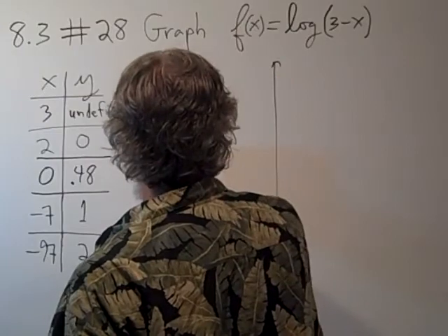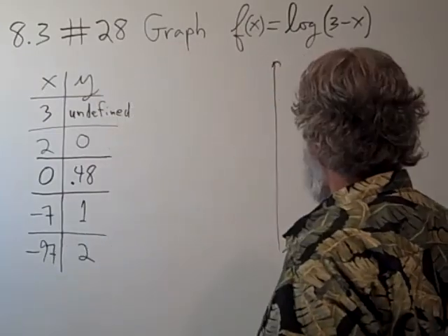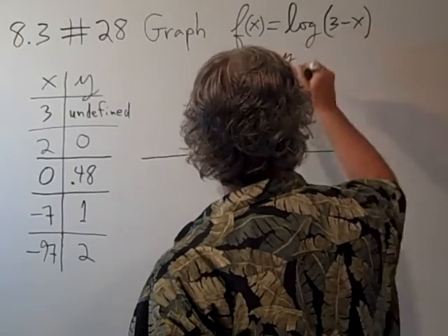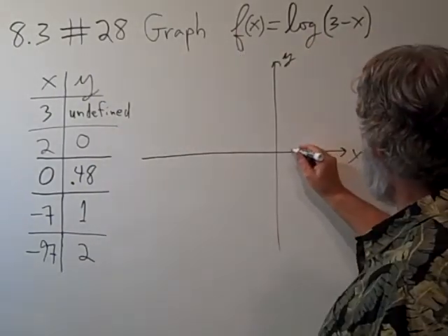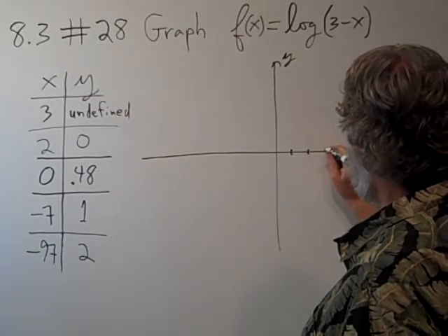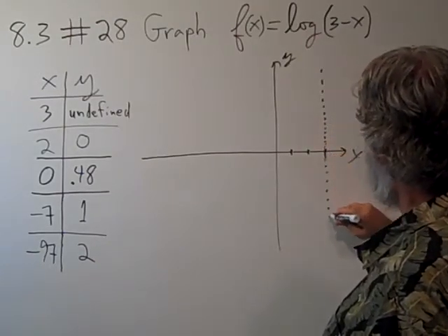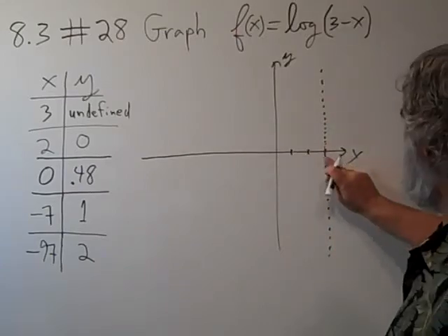Yeah, it's more on the negative side, isn't it, since it only goes up to 3. Well, this will be enough. So we're going up to 3 where it's undefined. Now that'll actually be a vertical asymptote for this log graph at 3.